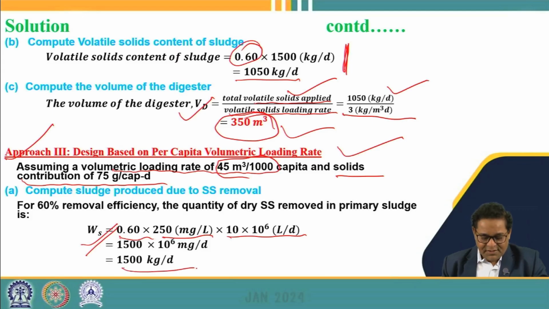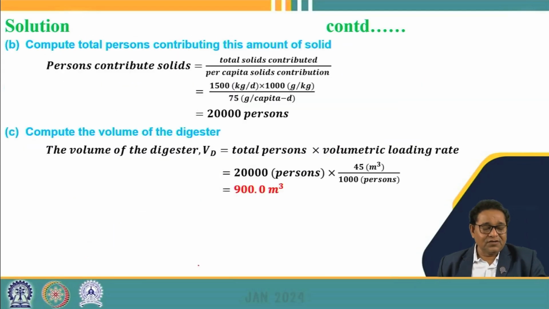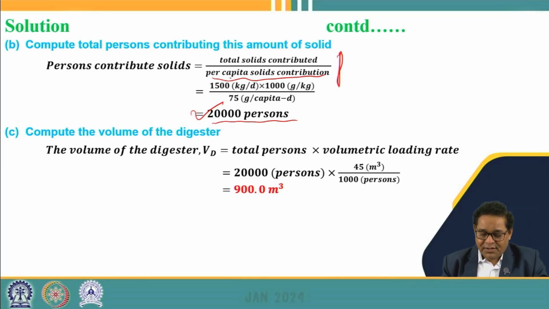We get the same amount of total solids, and if we divide by the per capita solid contribution, we get the population equivalent, which is around 20,000 persons contributing around 1500 kg of total solids per day.